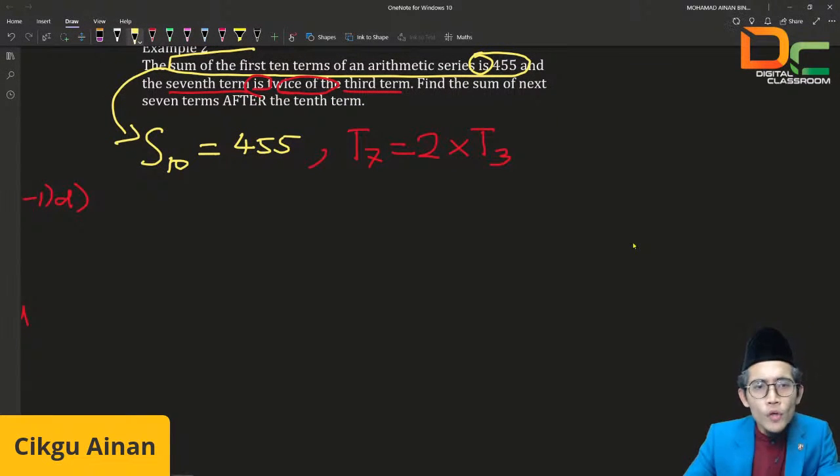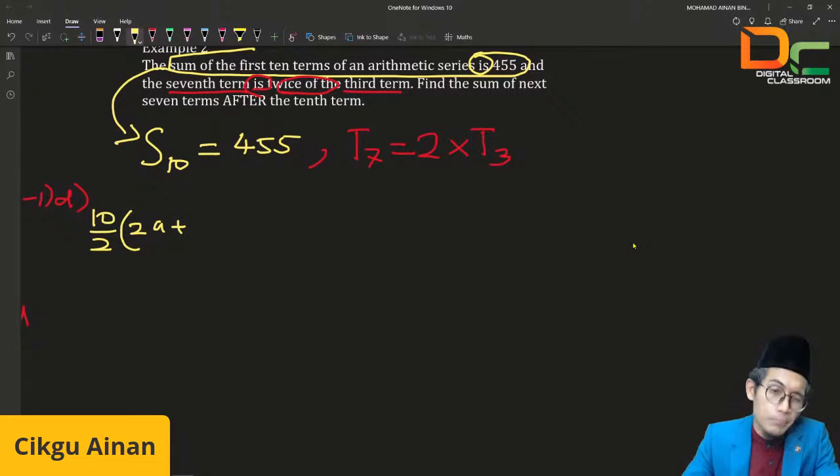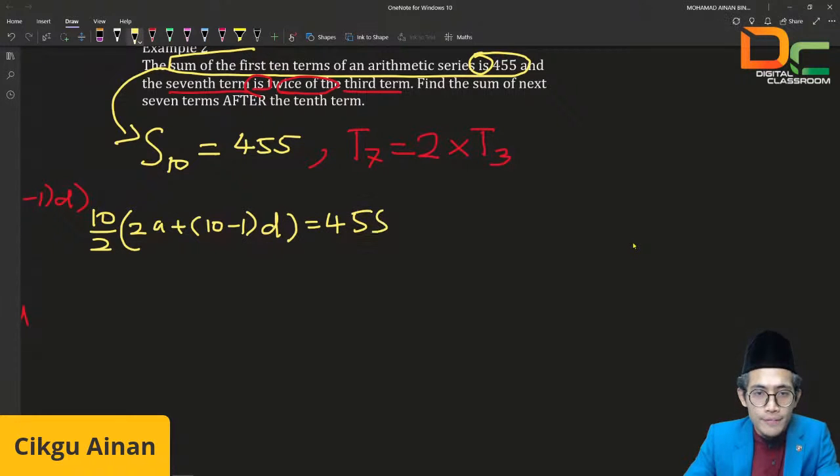So over here is the sum of the first 10 terms. The formula is n divided by 2 multiplied by double the first term a, and then n minus 1 multiplied by the common difference. We get 455.